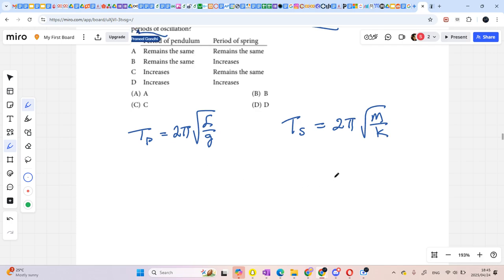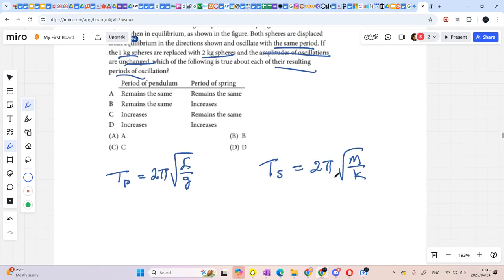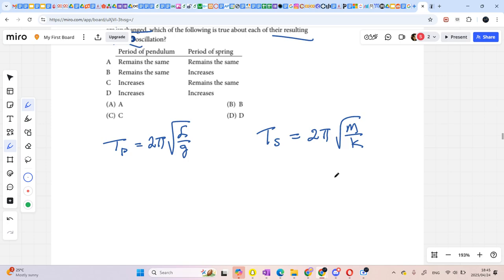For the spring, on the other hand, we do have a dependency on mass. The period is proportional to the square root of the mass. So if we increase the mass of the sphere, the period of the spring is going to go up.